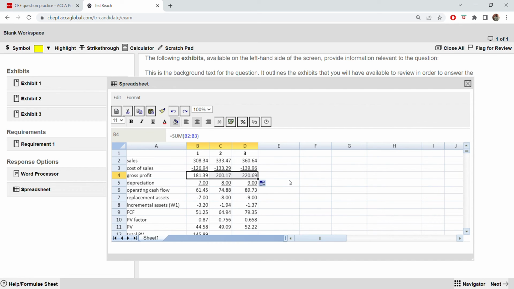Now you need operating expenses. Okay, operating expenses will be same. It is given as what? 66.9. Okay, so operating expenses will be 66.9 only, all the 3 years. It's constant.